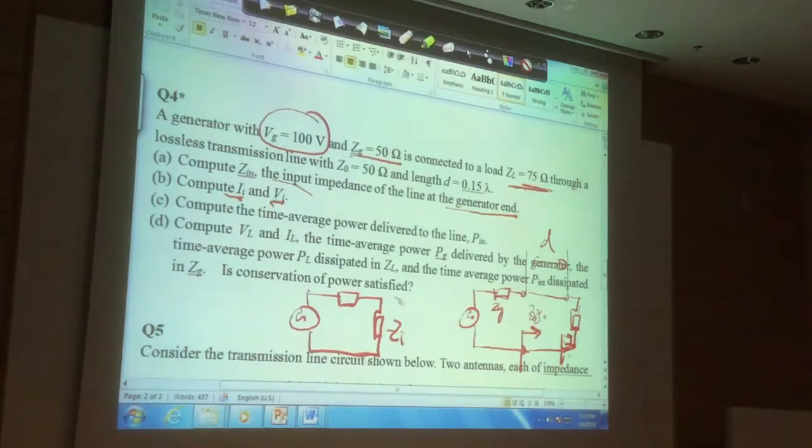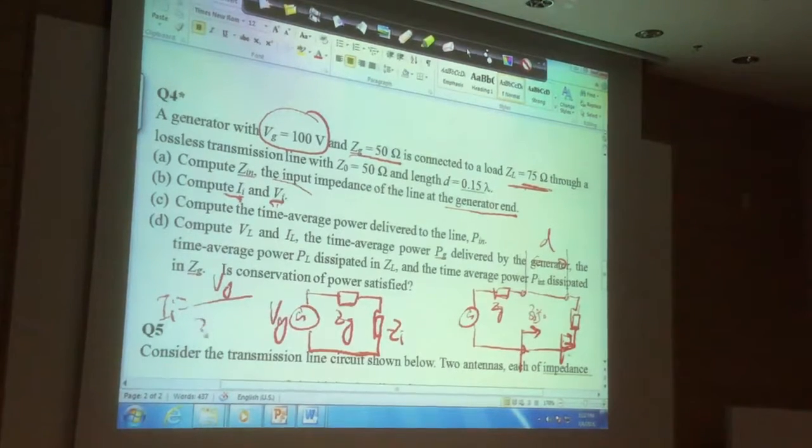This input impedance, this ZG, right? Okay? Then you can calculate current and the voltage. This is VG, current I is VG divided by ZG plus ZI. It's very straightforward. Then voltage is current times ZI, right?